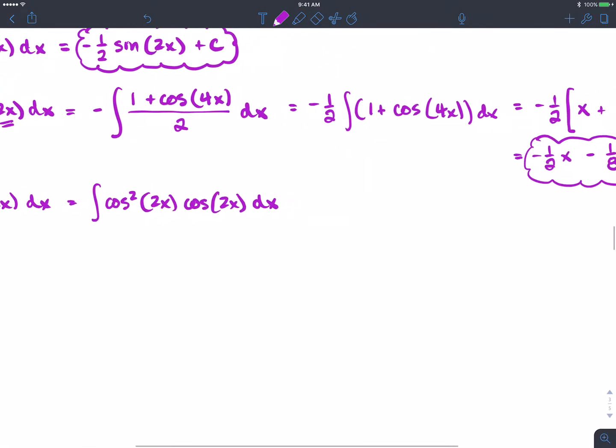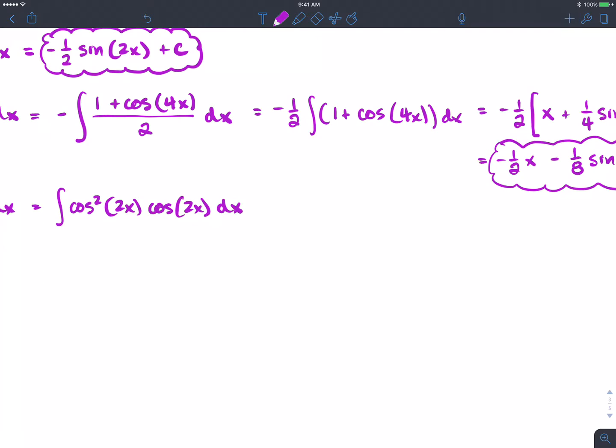So I borrowed 1 of those cosine powers. And then we're going to write this as the integral, rewriting that cosine squared using the Pythagorean identity as 1 minus sine squared 2x times cosine of 2x dx.